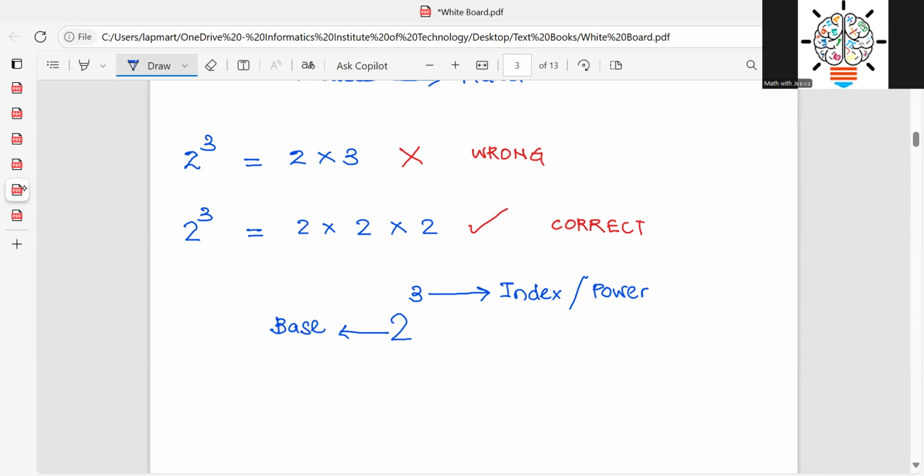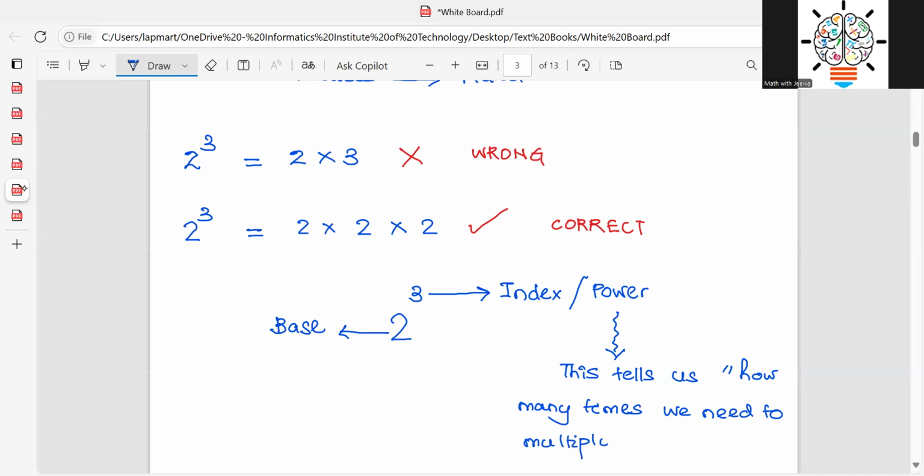So this index tells us something, right? This tells us what? How many times we need to multiply the base value.